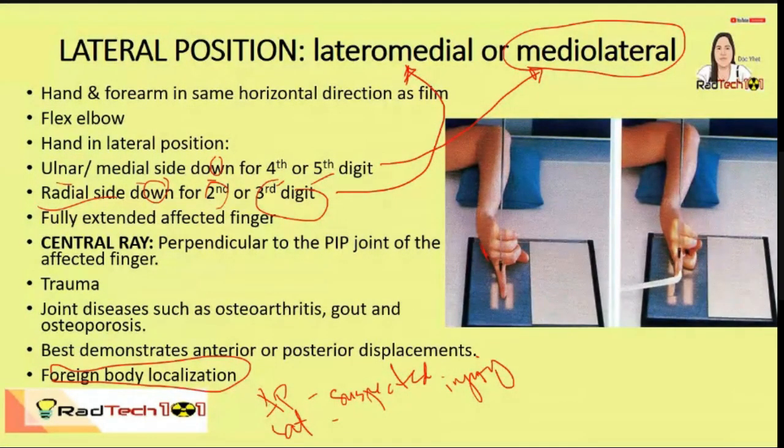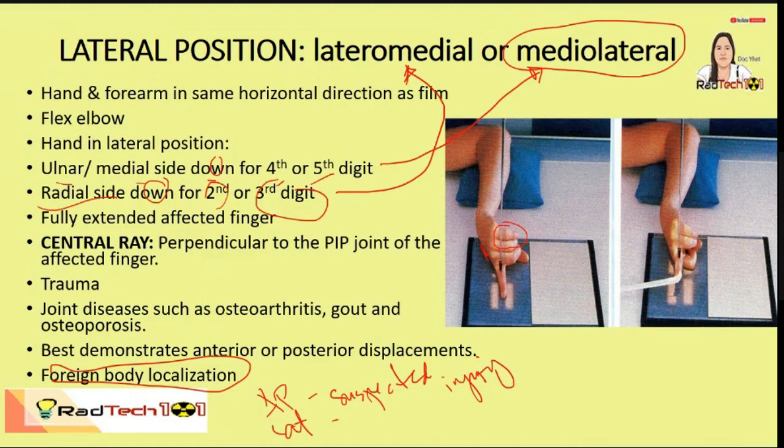So if we are going to examine the fourth or fifth digit, so para maiwasan yung magnification dahil masyado na siyang malayo, kapag ganito pa rin yung position ng patient, tapos yung ating area of interest is fourth or fifth finger, malayo na siya sa ating film or sa ating cassette, so there will be great magnification.